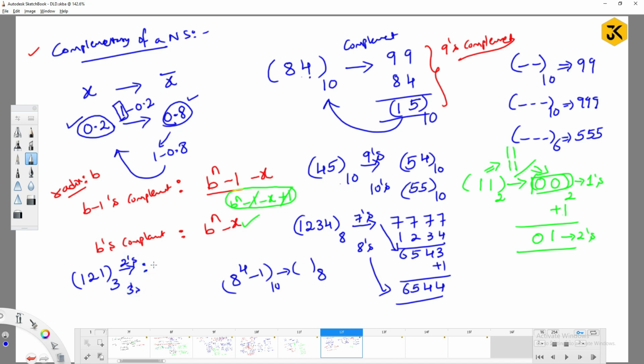For the 2's complement, you need to subtract from all 2's: 2 2 2 minus 1 2 1 gives 1 0 1 base 3. Adding 1 gives 1 0 2. Is 2 possible here? Yes, 1 0 2 base 3. Okay, so this way you can get the complement of a particular number.